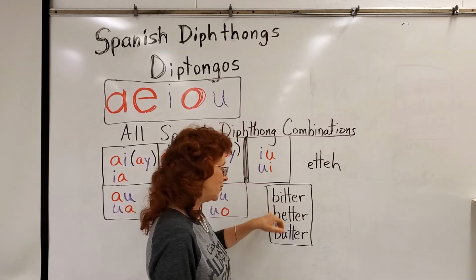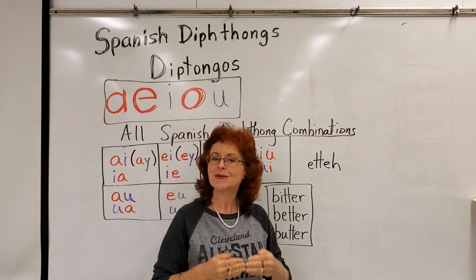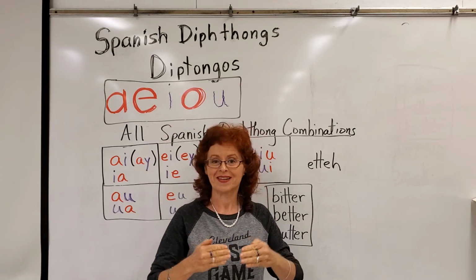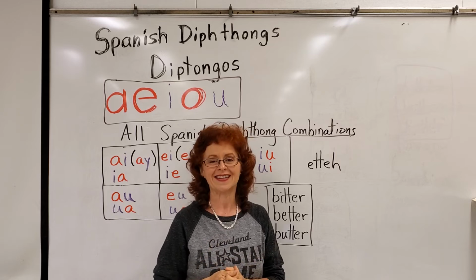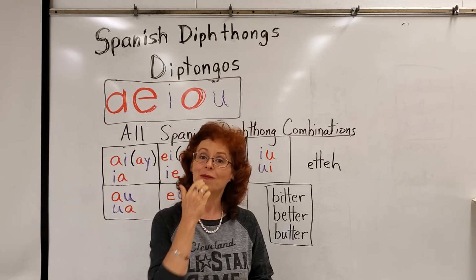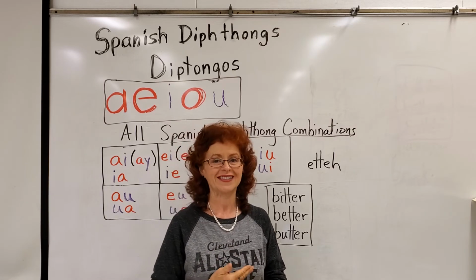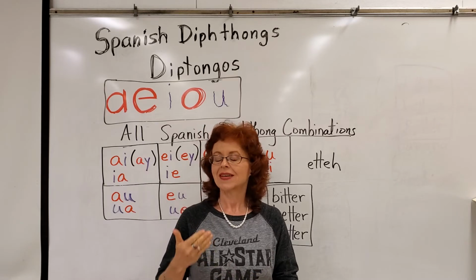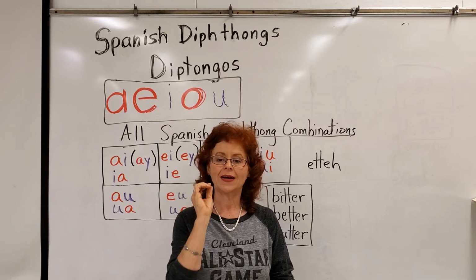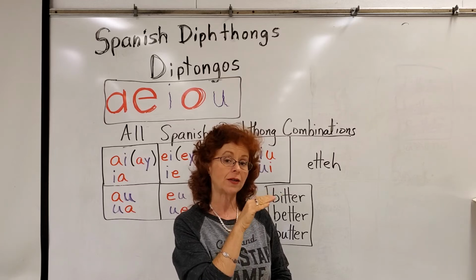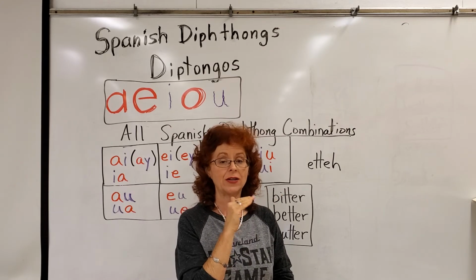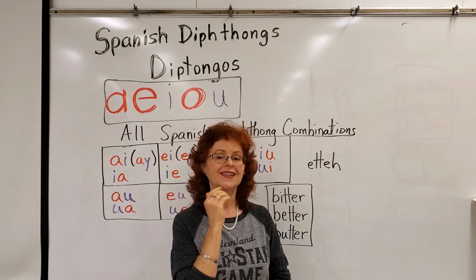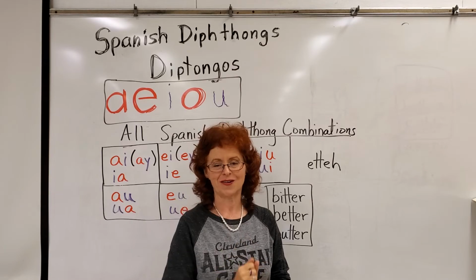So, bitter, better, butter, bitter, better, butter, like that. Just keep practicing, and eventually you'll be able to do it consistently. For me, it seems like if I jut my lower jaw out just a little bit, I can get that trill better.